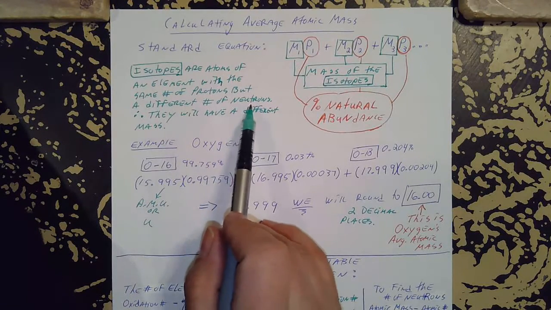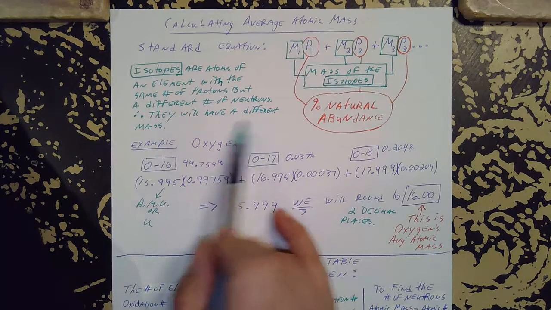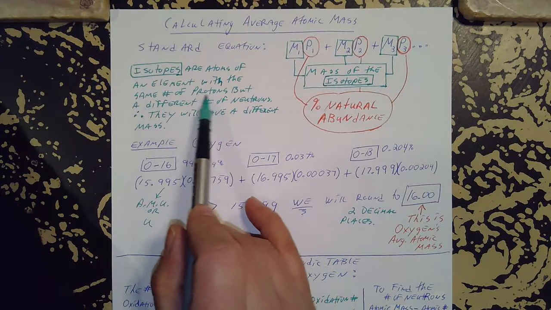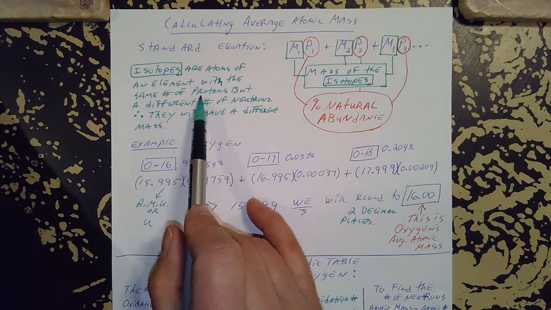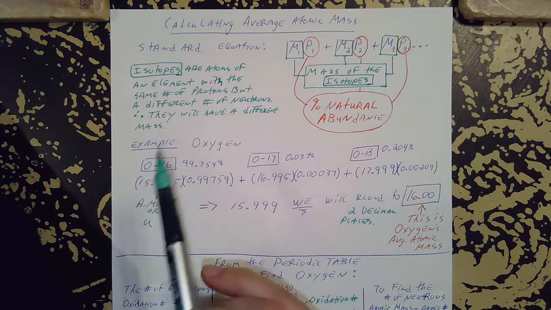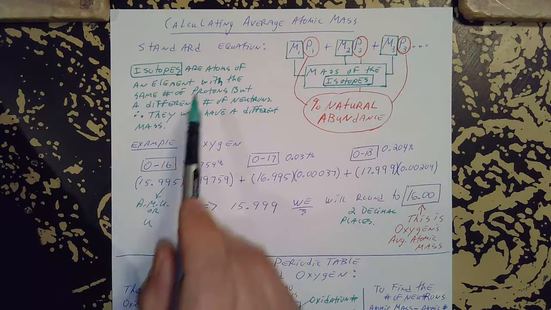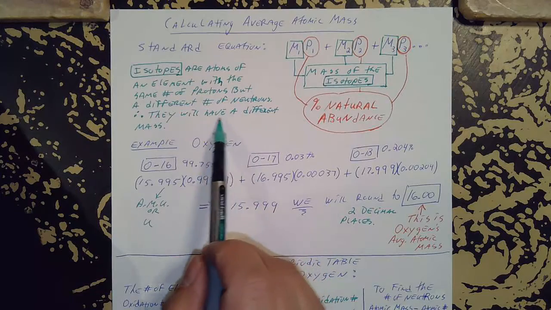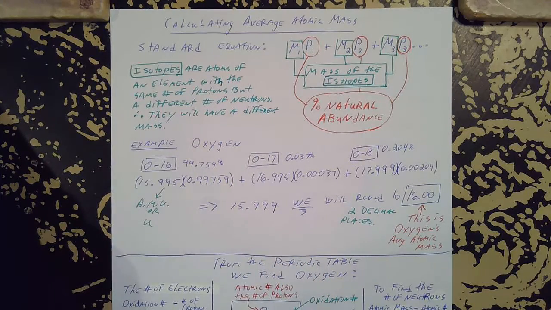Because they have a different number of neutrons, they have a different mass. Okay? Because they have the same number of protons, it's the same element. Right? The number of protons determines the atomic number, which determines the element that you're dealing with. Right? So that gives you the element, but then a different number of neutrons determines what isotope it is.